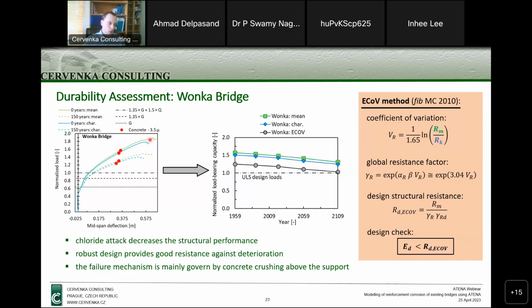Furthermore, you can see two different analyses run, shown in two different colors. One is done with the mean material parameters, and the other one with characteristic material parameters. And similarly for the run with the chloride attack. The reason why we have these two analyses is that in this case we applied the ECOV method according to the FIB model code.